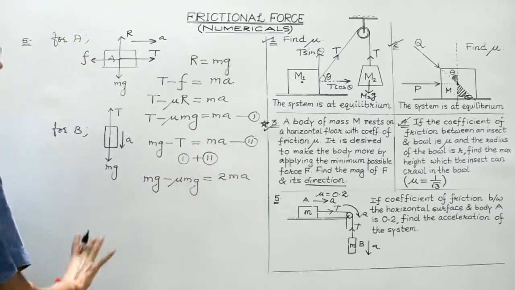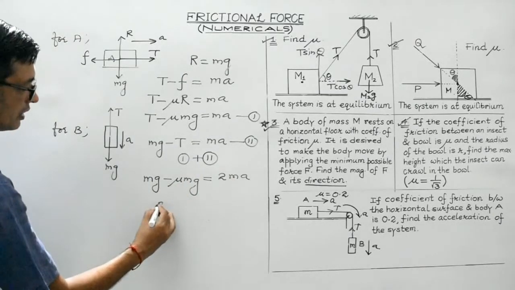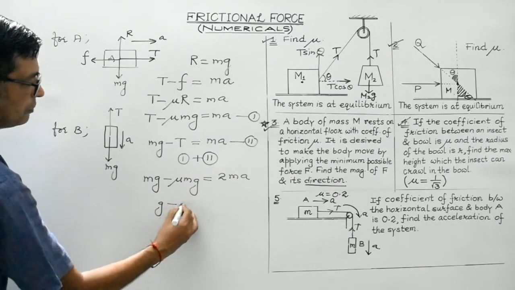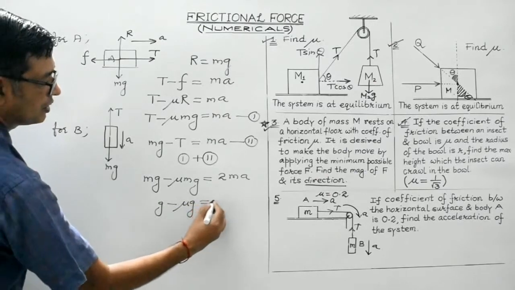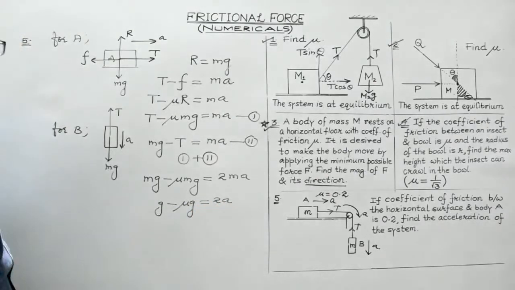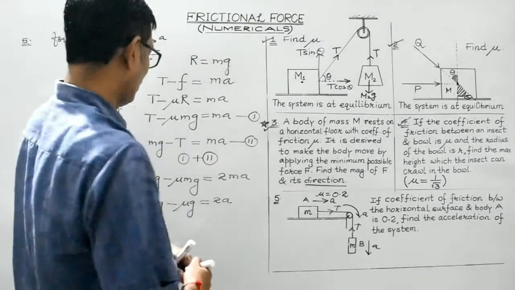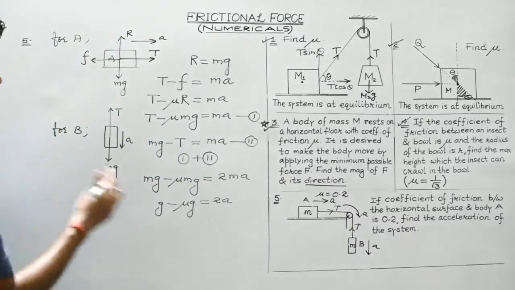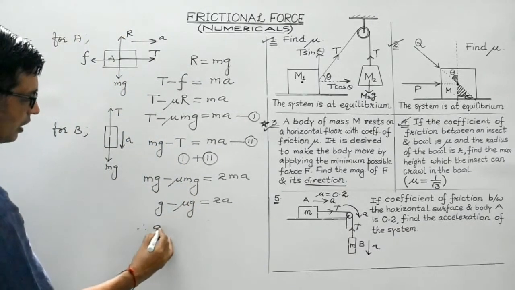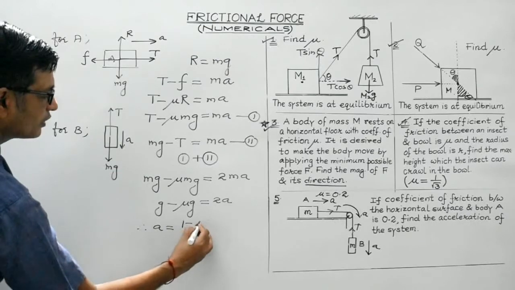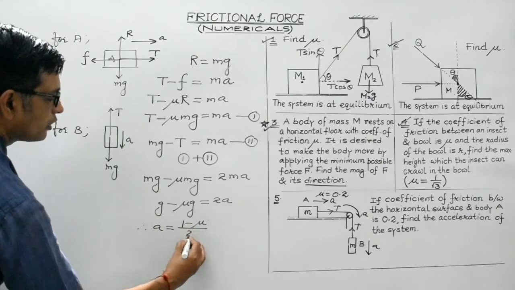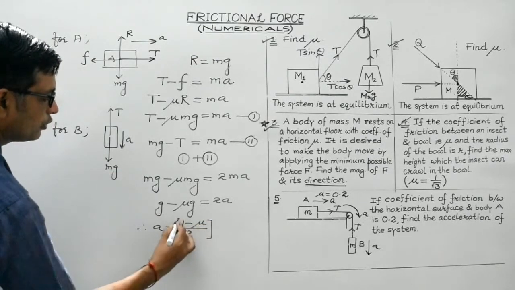So m on both the sides will get cancelled out. So we are left with g minus mu g is equal to 2a. Right? So a is equal to (1 minus mu) divided by 2 into g.